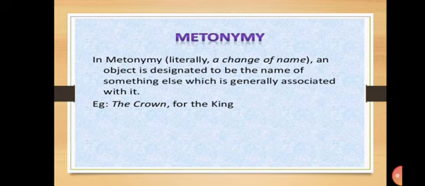Metonymy. Metonymy is a very important poetic device. Metonymy is when we use a word, like some non-living thing, for a person. We directly do not want to name the person, so we use some other word for it. For example, the crown.